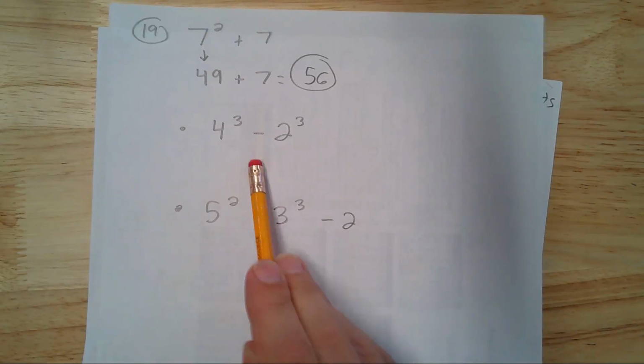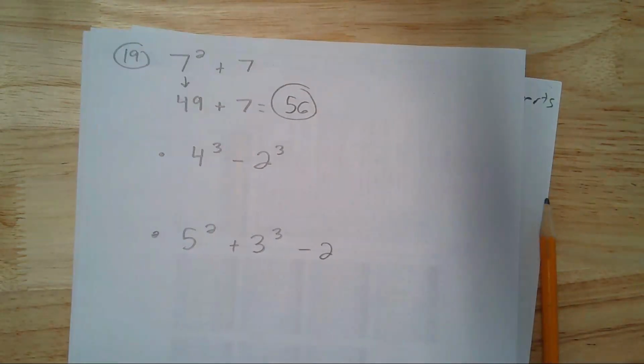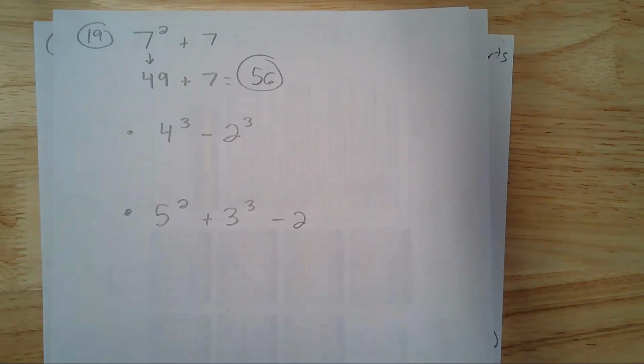So 4 cubed minus 2 cubed, 5 squared plus 3 cubed minus 2. Wait, which one are we supposed to do?